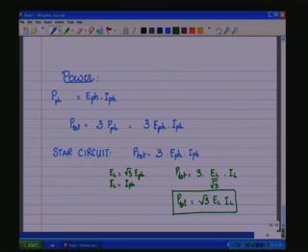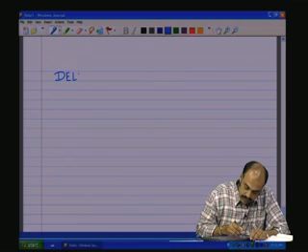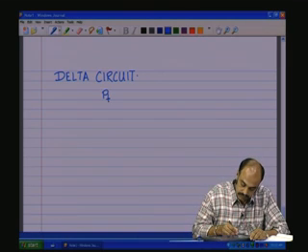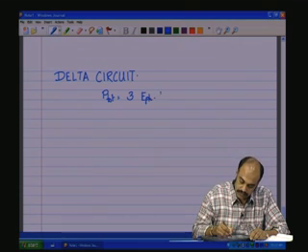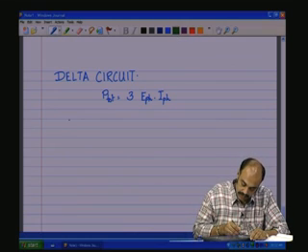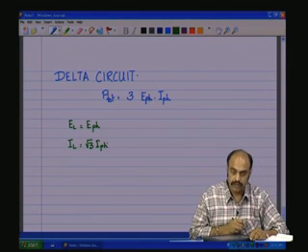Now, in the case of the delta circuit, P total is 3 times phase voltage into phase current, and here the relationship that we are trying to use is EL equals E phase, and the line current IL will be root 3 times the phase current, this we saw.